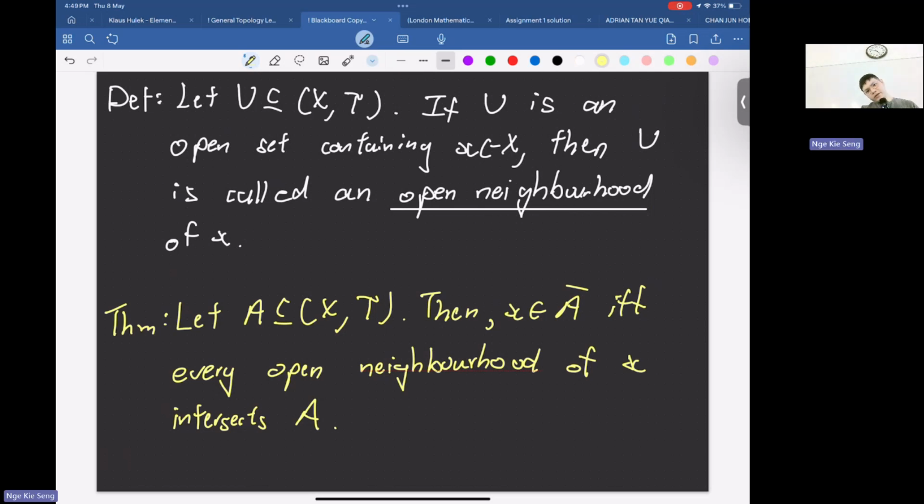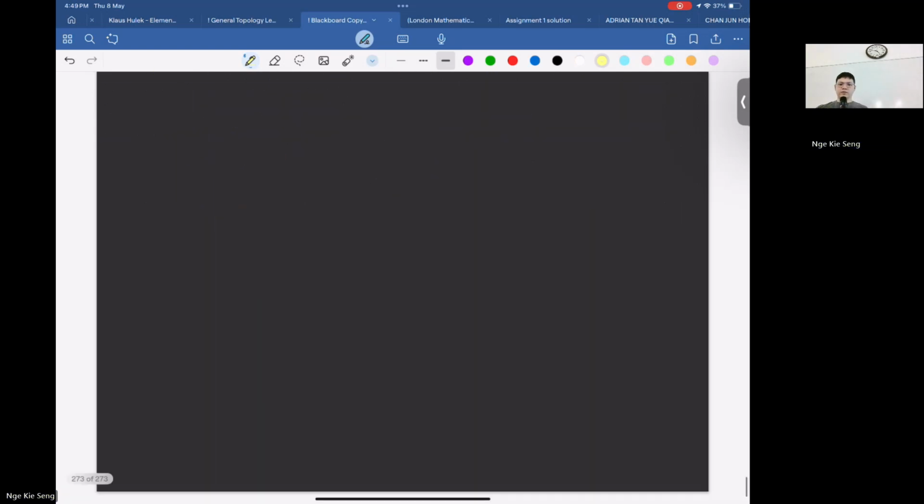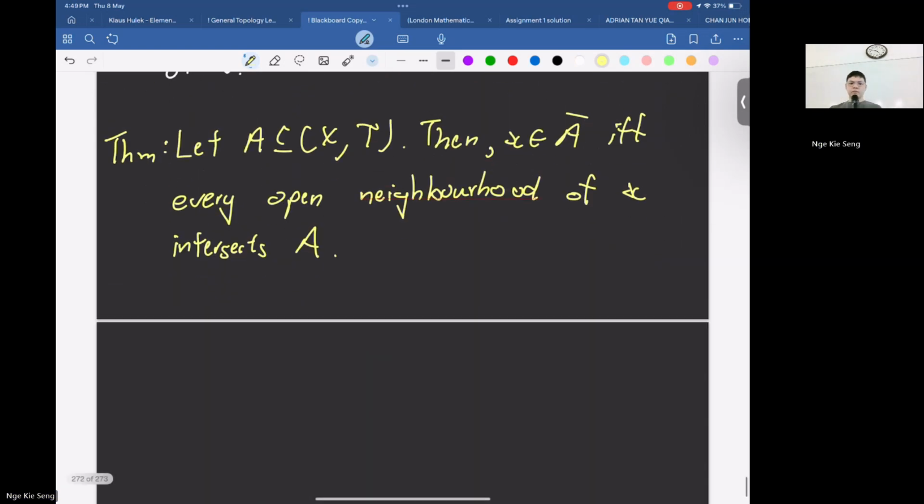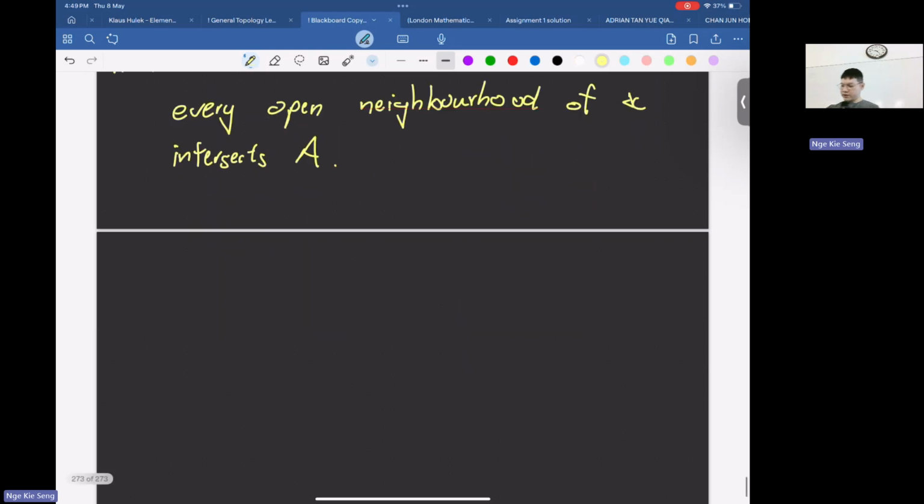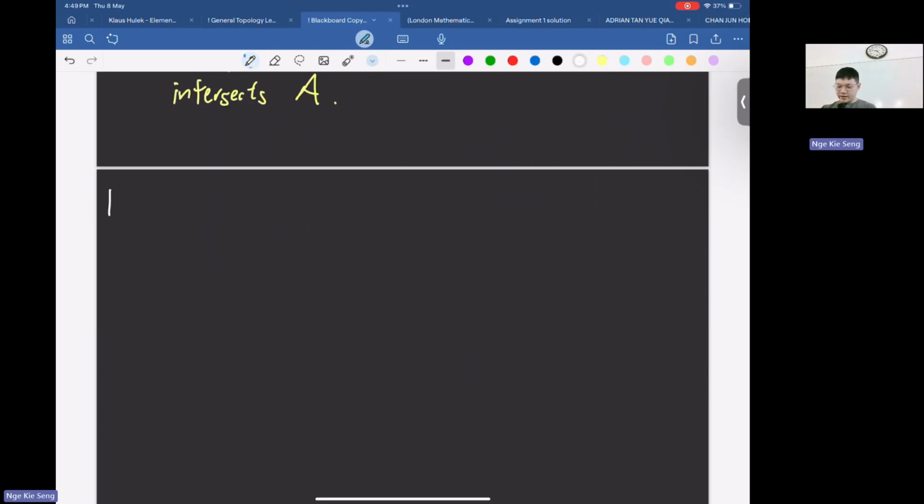For example, should we give some examples here? Okay, nothing much. Never mind, let's keep this. Let's give the definition of limit point now.